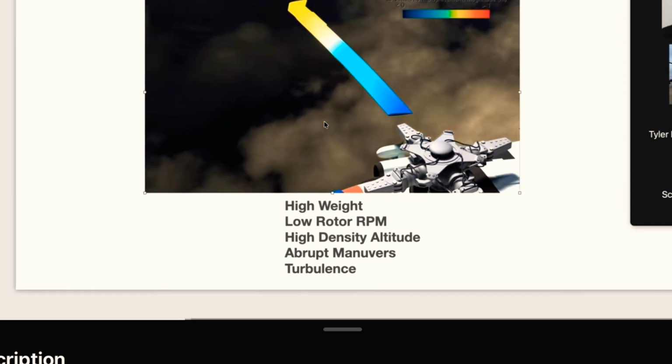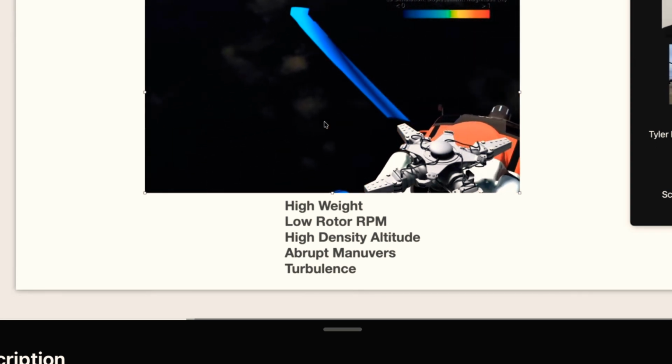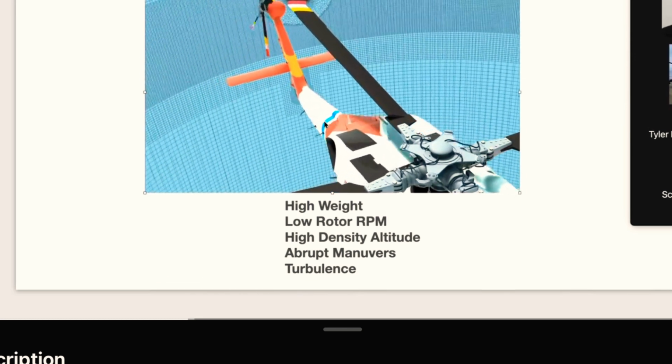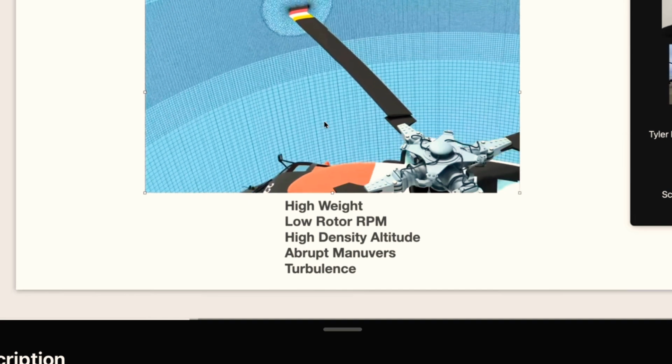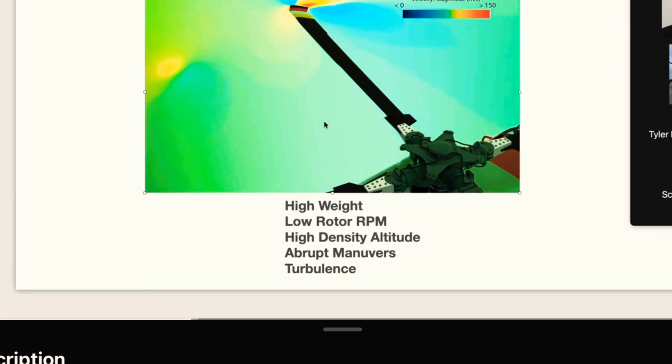So what are some of the symptoms of that retreating blade stall? The first thing we're going to experience is some abnormal vibration, followed by an uncommanded pitch up of the nose, and then a roll towards the retreating side.